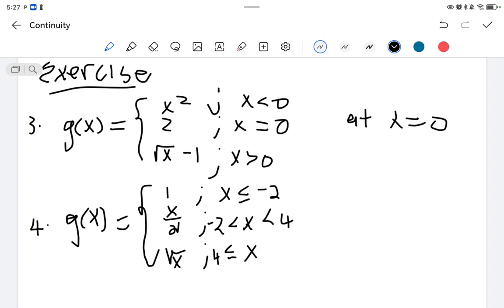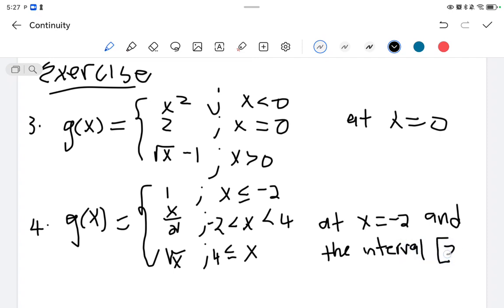We agree, right? Then they say we must check at x equals minus 2, and we must also check on the interval 2 to 4.